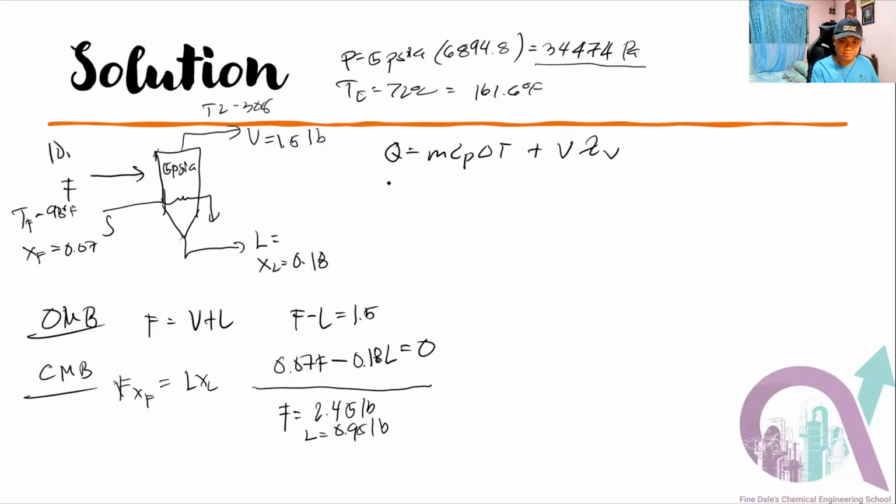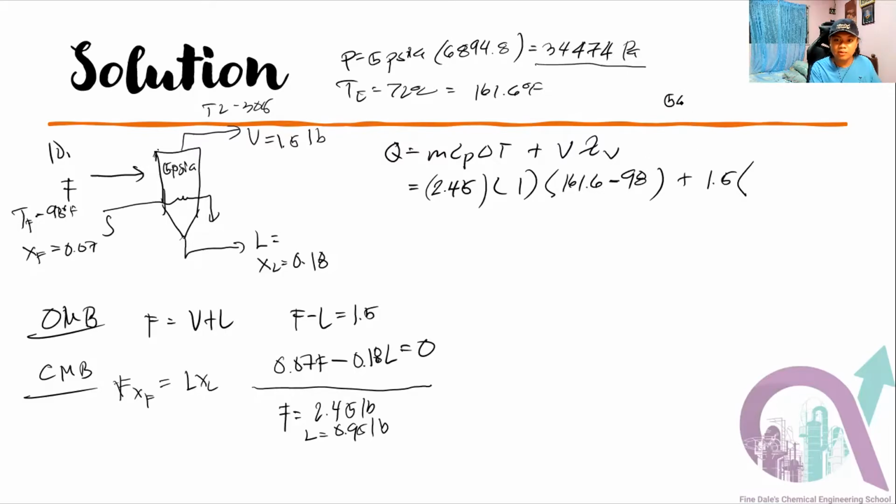We know that our feed here is about 2.45, and we have a Cp of water of 1 BTU per pound per degree Fahrenheit, and then 161.6 minus the temperature of the feed, so 98, plus the vapor, which is 1.5, and then we have the latent heat of evaporation.